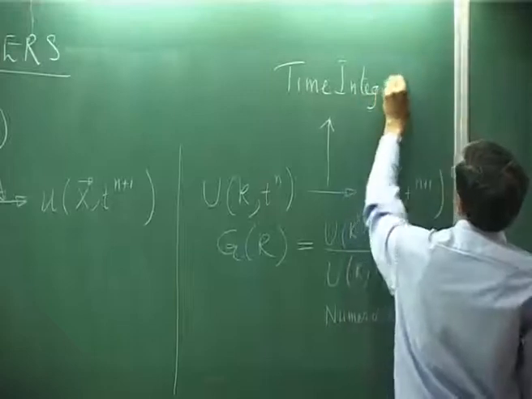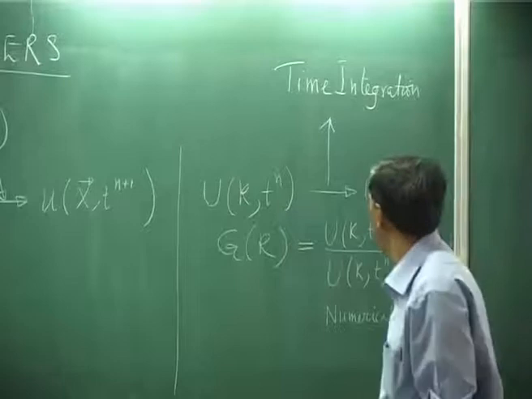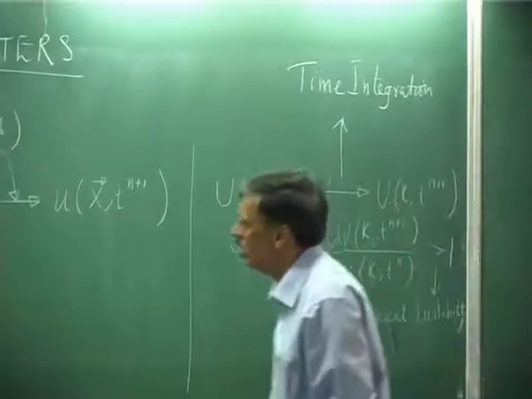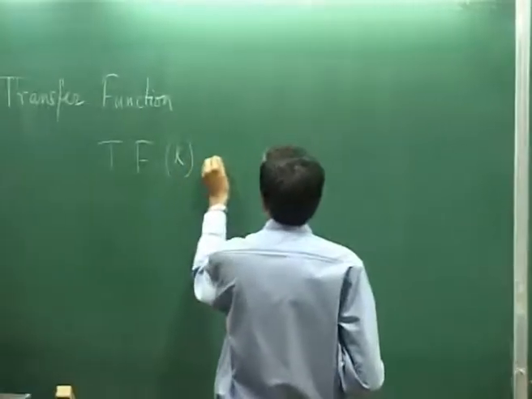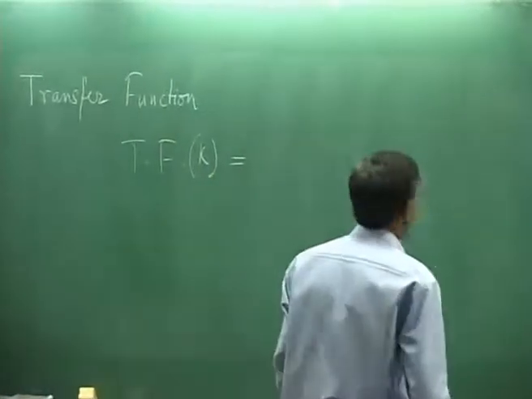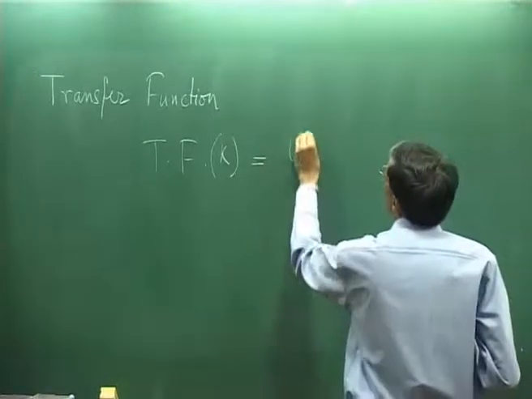Via the time integration step, you have arrived at u of k at t n plus 1, and the filter takes that solution and operates on it, given by this.